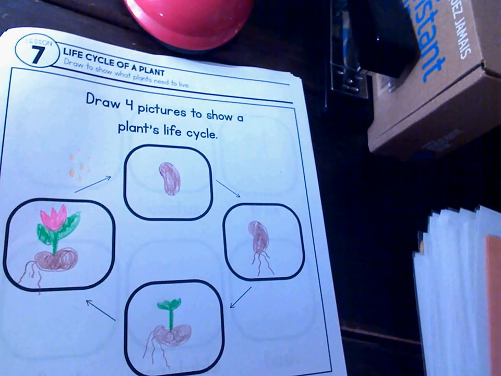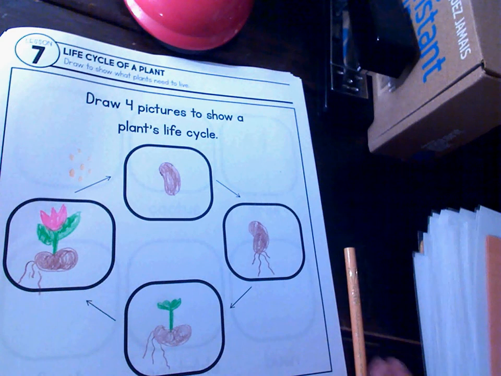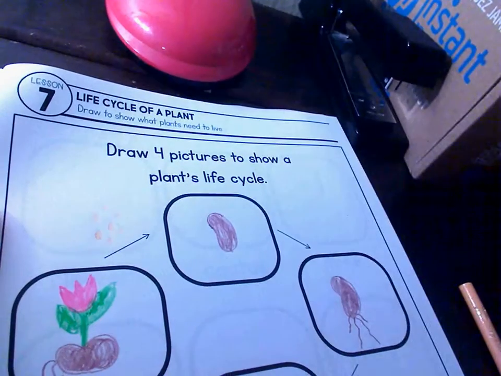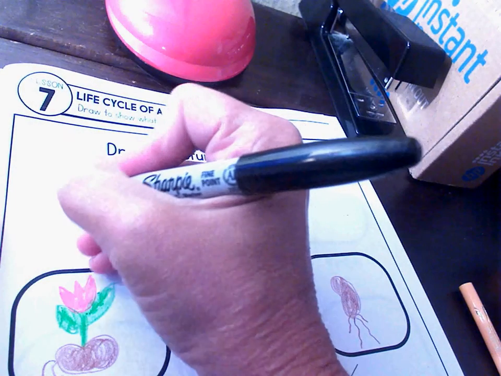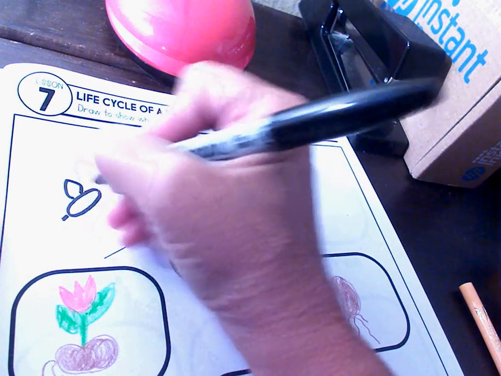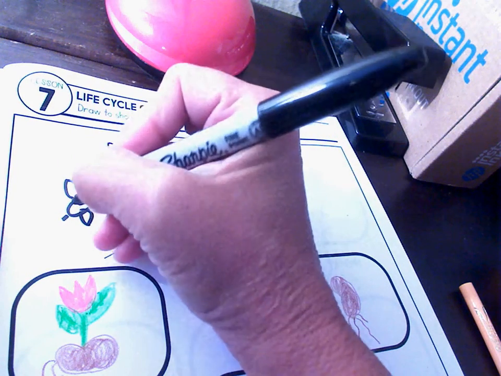And who, boys and girls, do you remember who is a pollinator? Who is one of our pollinators? Remember we said the wind, but what very important little insect helps us pollinate? You're right, it is the bumblebee. So I am going to stick a little bee right here, and I'm going to give him some wings like this, and then some black stripes like this.